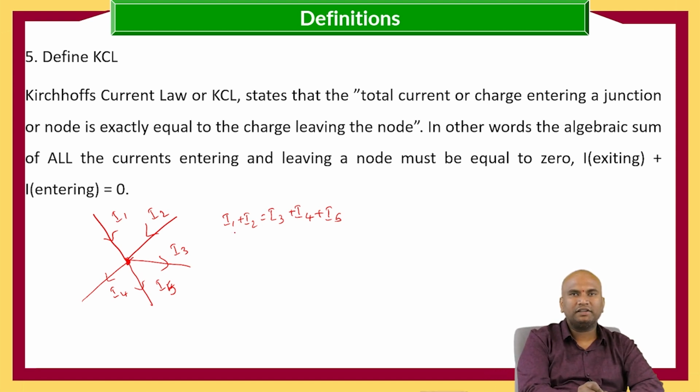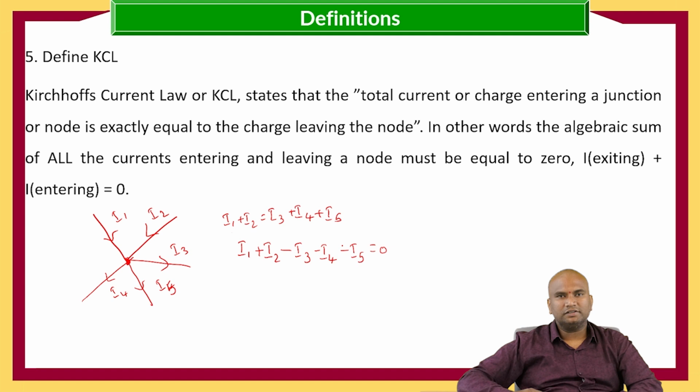That's why I1 plus I2 is equal to I3 plus I4 plus I5. Or we can also write this equation as the algebraic sum of currents equals 0. Entering currents are considered positive, and leaving currents are considered negative. I1 plus I2 minus I3 minus I4 minus I5 is equal to 0. This is the equation corresponding to the KCL.